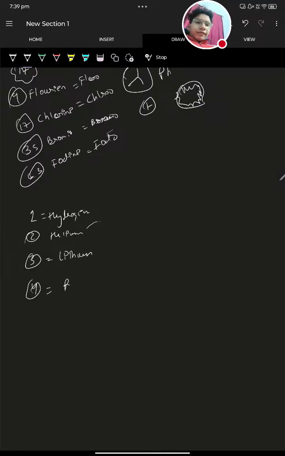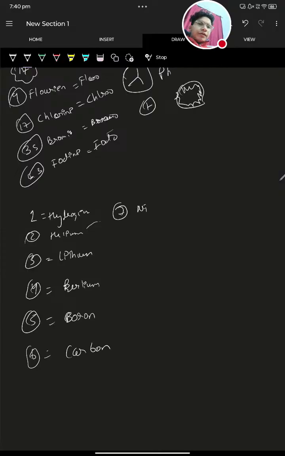Fourth is your beryllium, fifth is boron, sixth is your carbon, seventh is your nitrogen, 2 and 5. Then 8 is your oxygen, 2, 6. Then ninth is your fluorine.